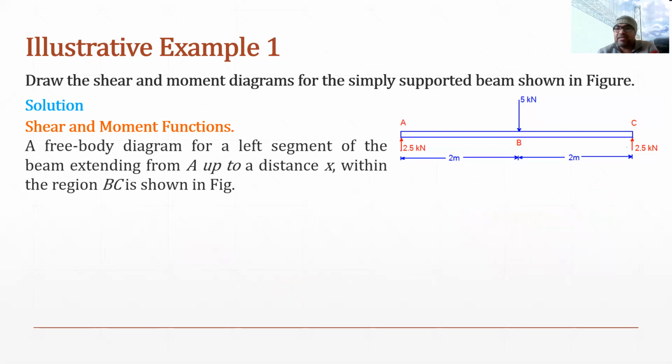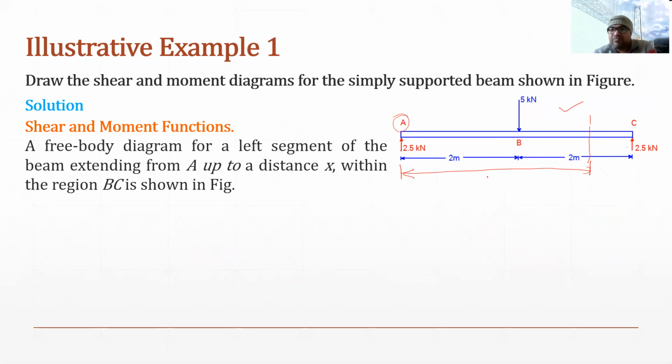Now we will take the second segment, which is segment BC. So in the segment BC, now we will be cutting the section arbitrarily at any point within the BC segment. So if we cut BC, say at this point, the distance of this cut section from A, we will always measure the value of X from the left hand support.